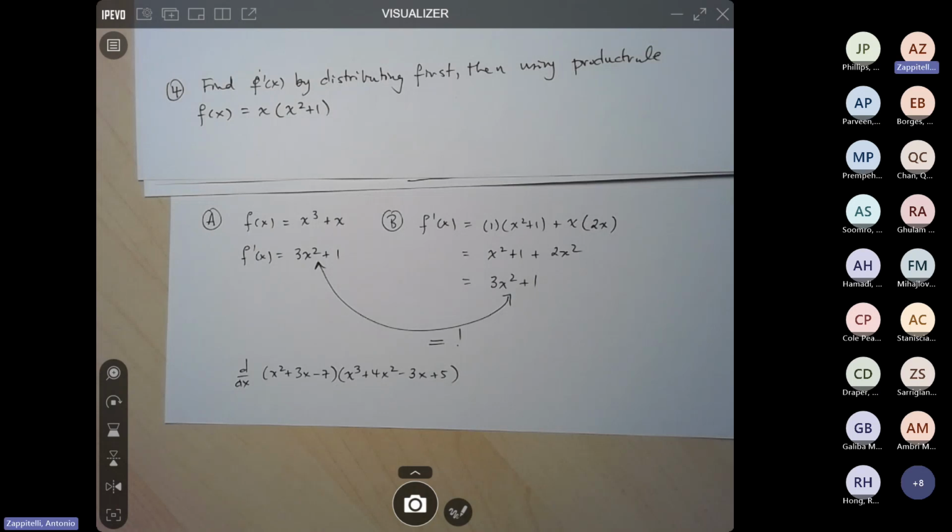Any questions on the product rule here? All right, so we've got 20 minutes left, so there's one of two things we can do.